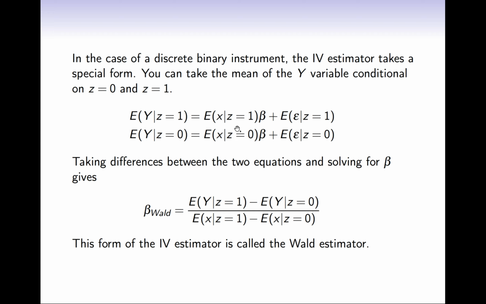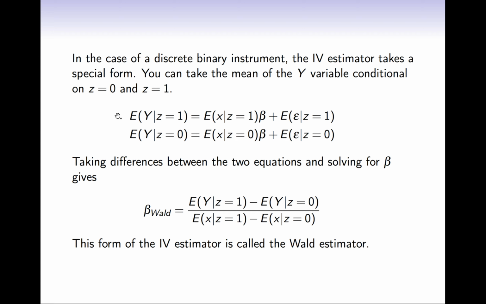You can take the original regression and just take the mean for Z equals 1 and Z equals 0, the mean of the Y's. Now, if epsilon is uncorrelated with Z, then E of epsilon given Z equals 1 equals E of epsilon given Z equals 0, so these two things are equal.